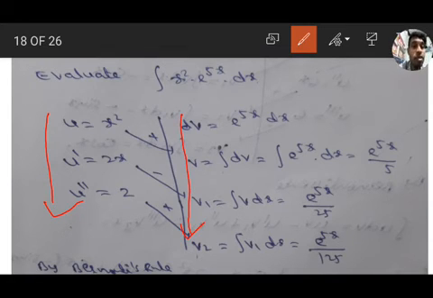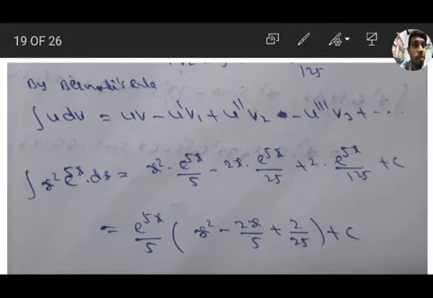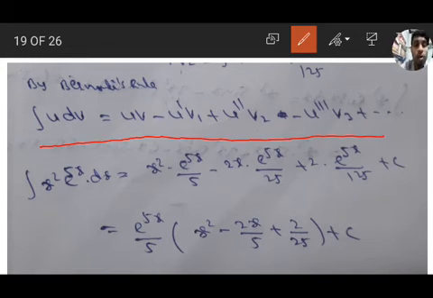By Bernoulli's formula, uv minus u dash v1 plus u double dash v2; next onwards zeros, so no need to take the formula beyond u double dash. So Bernoulli's rule: integration of u dv equals uv minus u dash v1 plus u double dash v2 minus u triple dash v3 plus and so on.